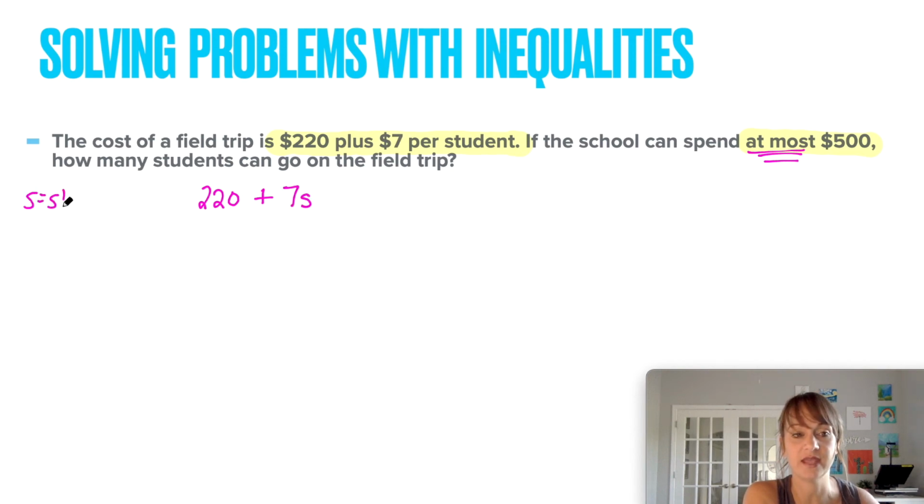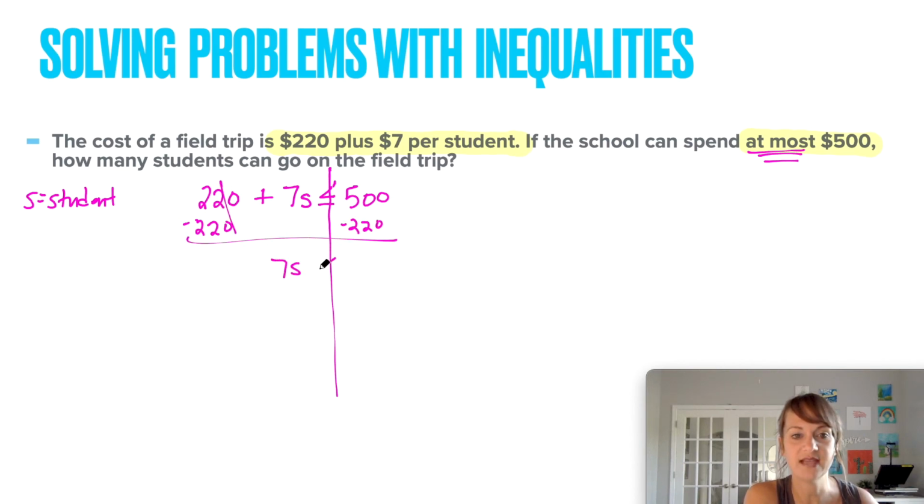Here I'm going to make S become student. The school can spend at most, which means they cannot spend more. $500 is the most that they can spend, so therefore it is going to be a less than sign, and it does equal it because at most means it can equal $500. So in order to solve this inequality, we are first going to subtract $220.